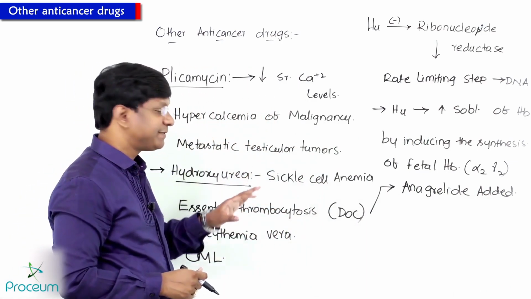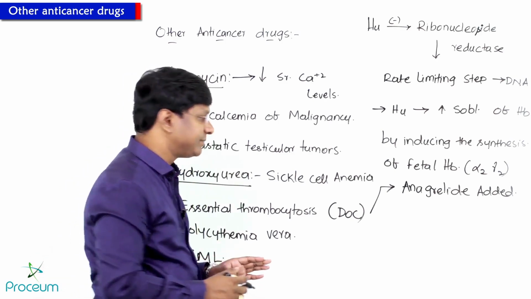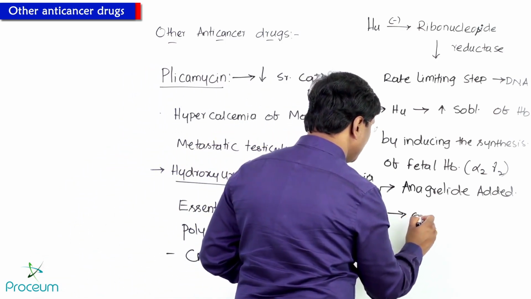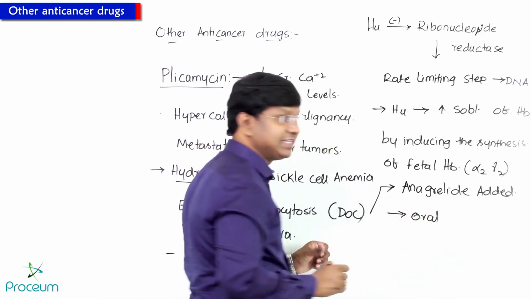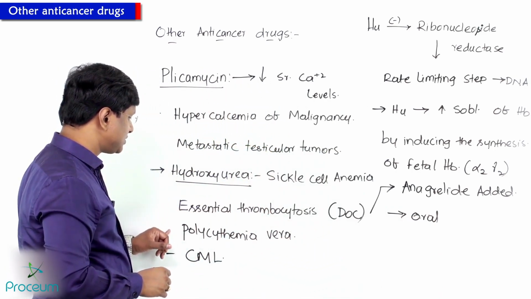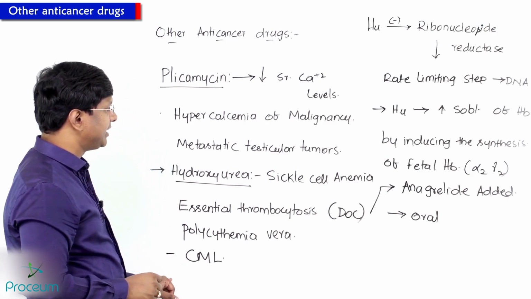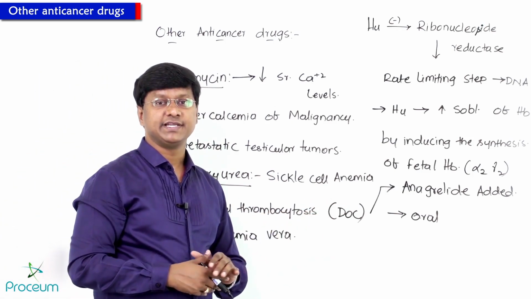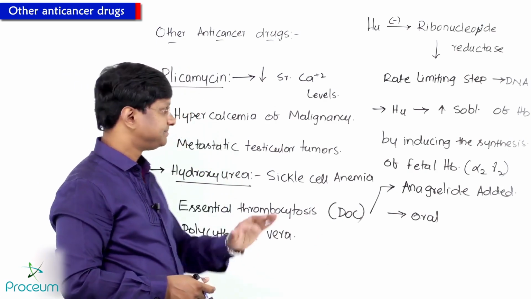And the route of administration of hydroxyurea is the oral route in all these purposes, whether sickle cell anemia, essential thrombocytosis, polycythemia vera, or chronic myeloid leukemia.